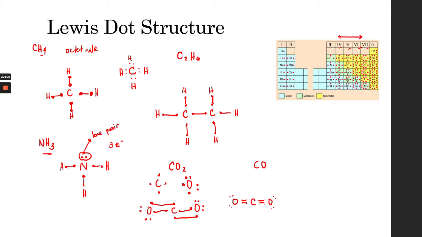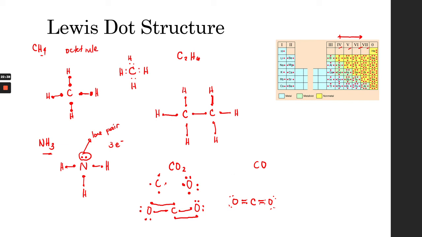We have 1, 2, 3, 4, 5, 6, 7, 8. The same thing for our oxygen. The octet rule is satisfied. 1, 2, 3, 4, 5, 6, 7, 8, and our other oxygen is also satisfied. So that's how we can connect if we have something like a double bond. This is the structural formula of carbon dioxide.